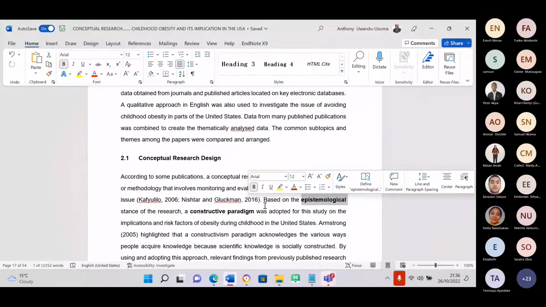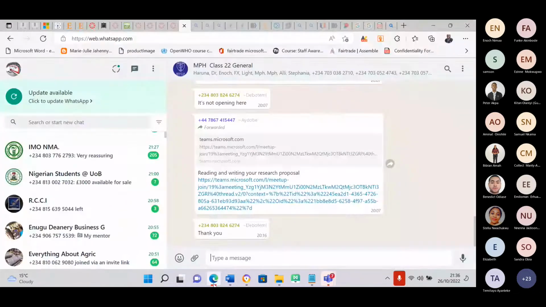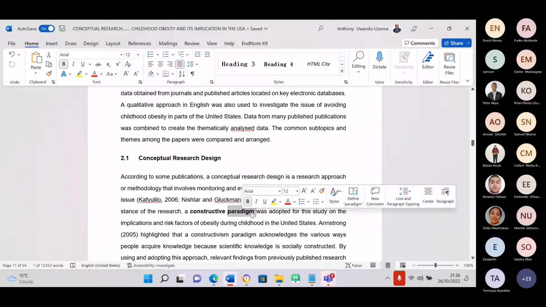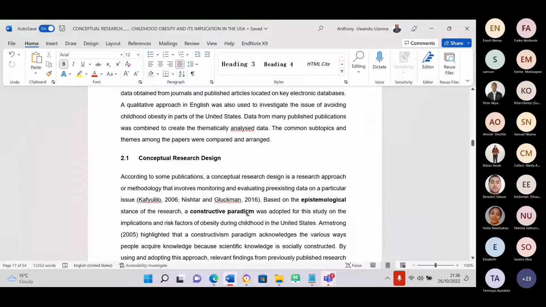Sorry, you said we should read more on what? Research paradigm, so that you know what your own research falls under. It flows from ontology, to epistemology, to methodology.